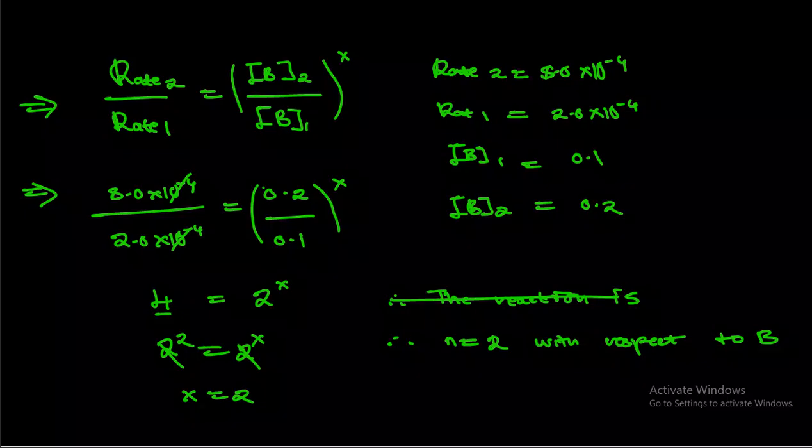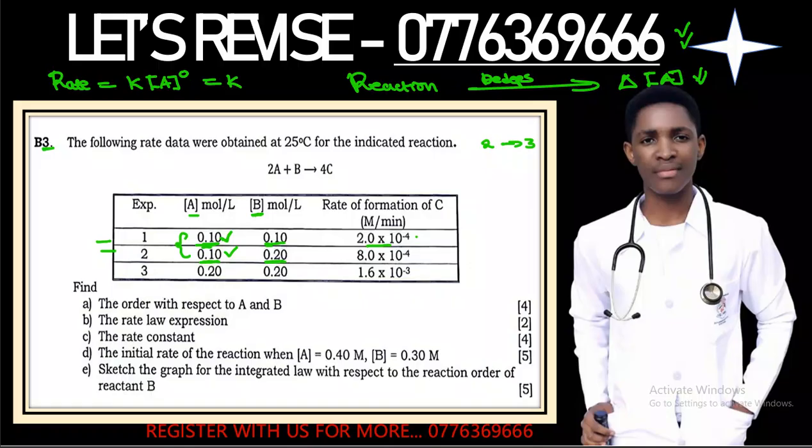Some of the students used to make a lot of mistakes on this. So just determine which one is changing, and use the corresponding rate laws. So let's find the rate order with respect to A. Now when we look at experiment 2 and experiment 3, what are we seeing? We are seeing that B is not changing.